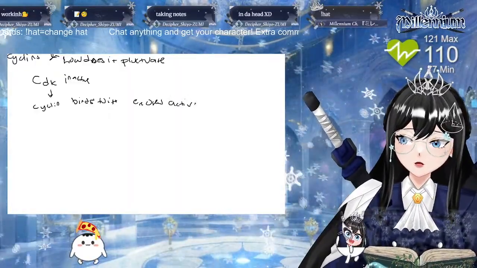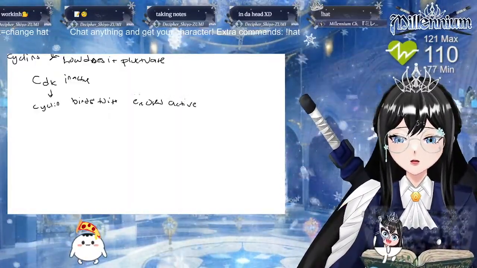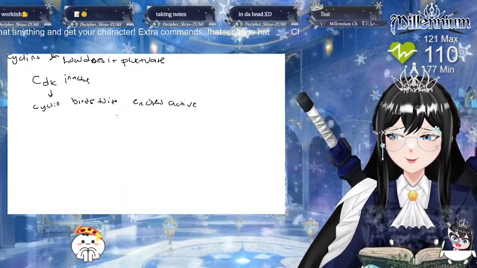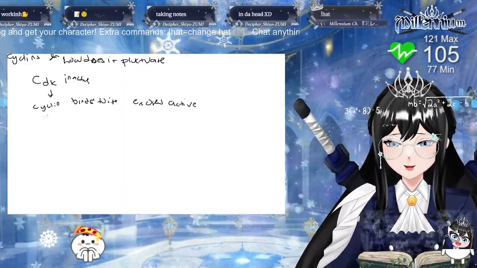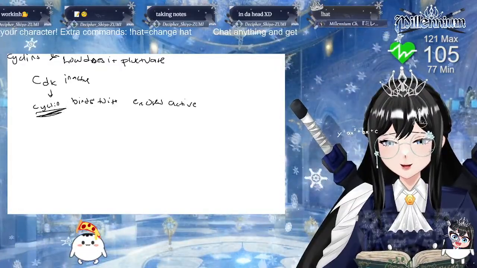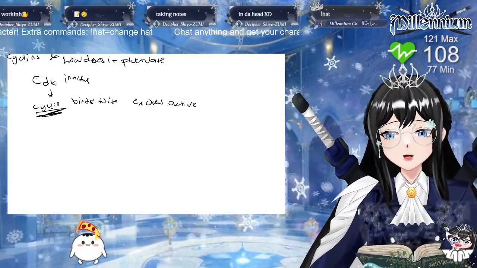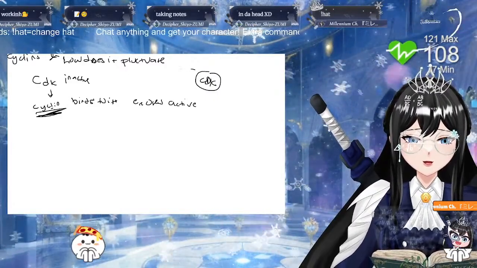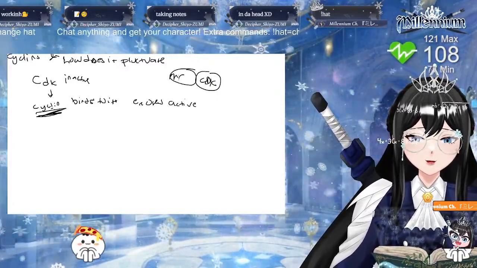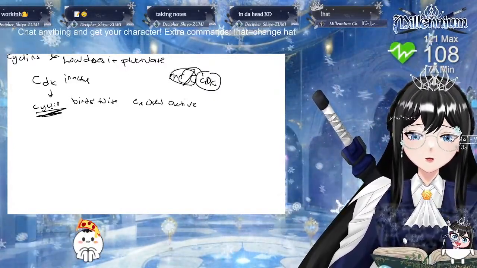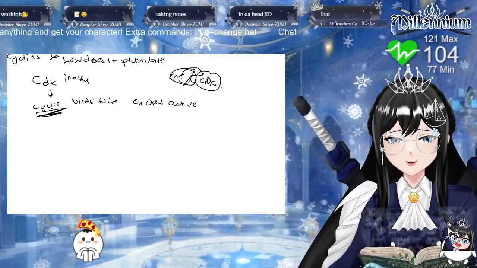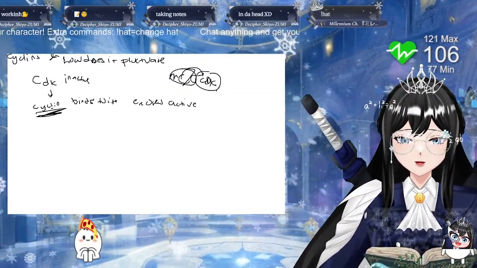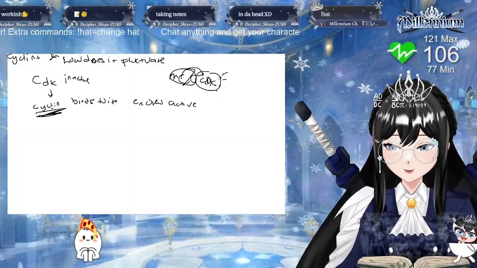Imagine the CDK is a tsundere, but if the cyclin, the main character, attaches to the CDK, then the CDK will reveal its true form and it can now have an active site.